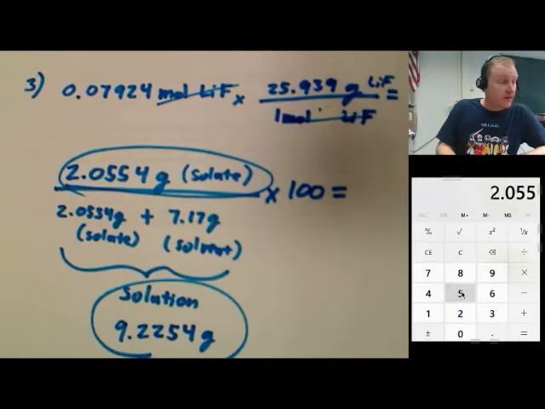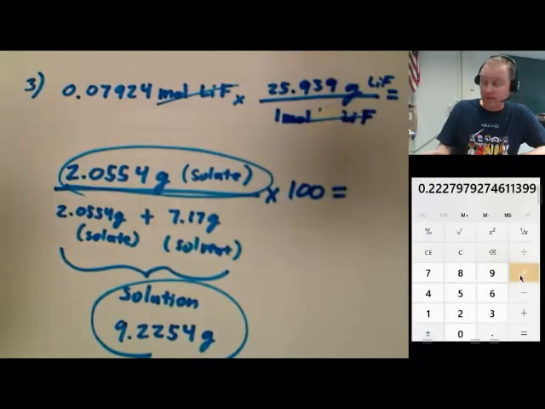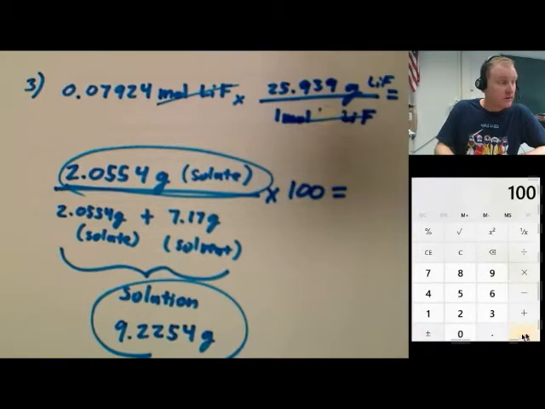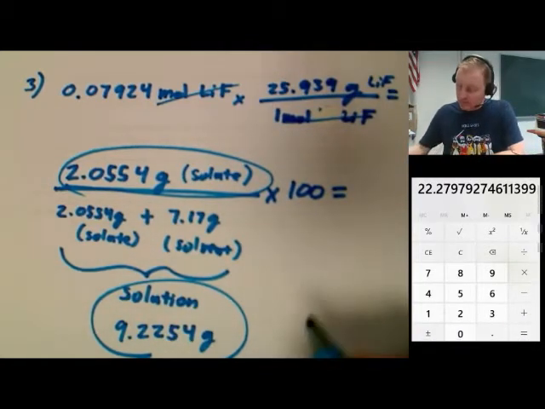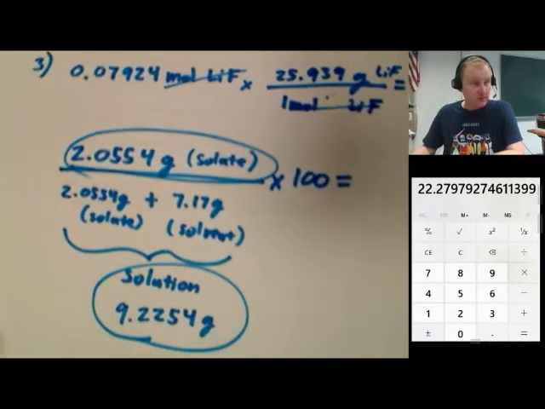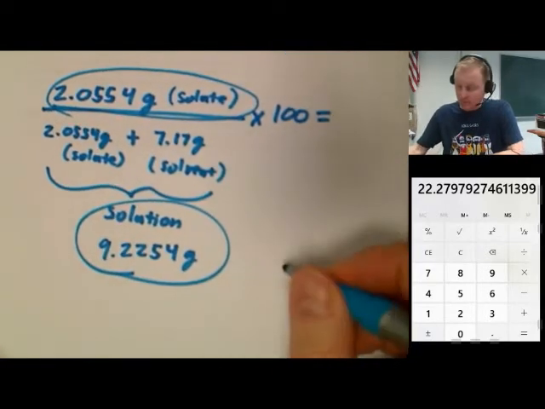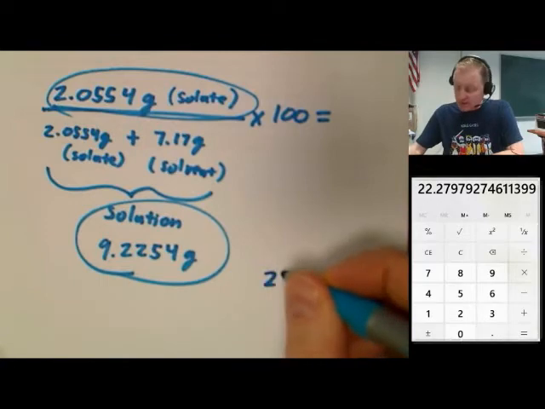So 2.0554 divided by 9.2254 equals this, and then we're going to multiply that by 100. So times 100 equals this number here. When we do all this, we come up with 22.